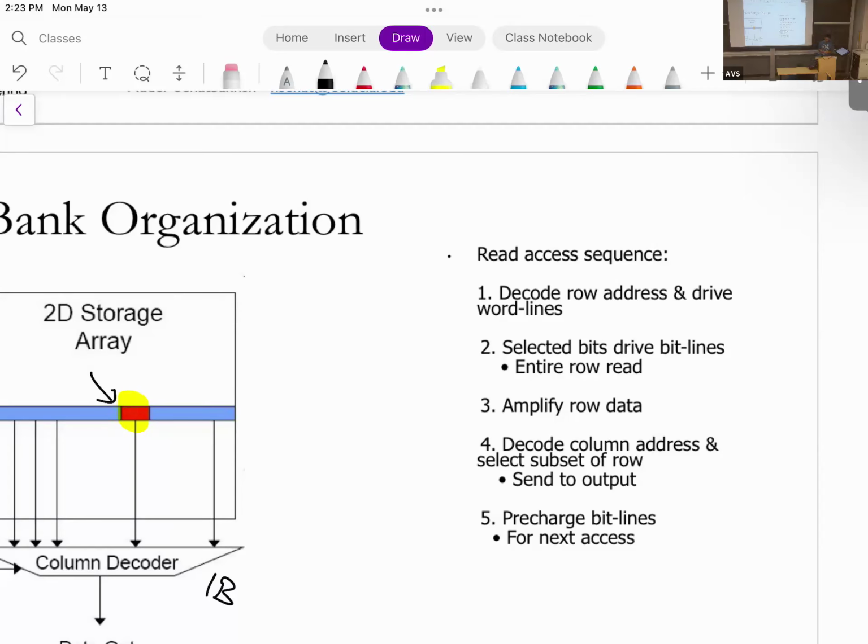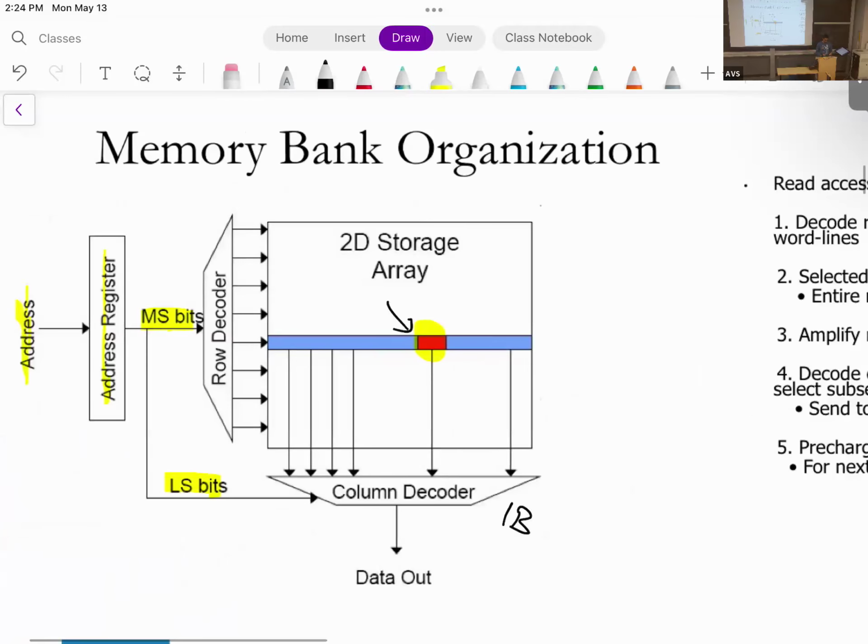And once you're done, you need to pre-charge again, to be ready for the next operations of the DRAM, which again I'm going to talk about, but functionality-wise, it's very simple. The address comes, you divide it into most significant bits and least significant bits, in order to choose the block that you want from the DRAM.